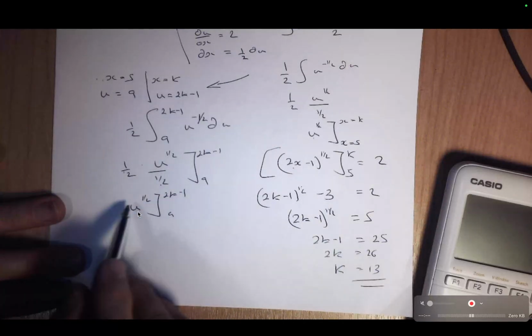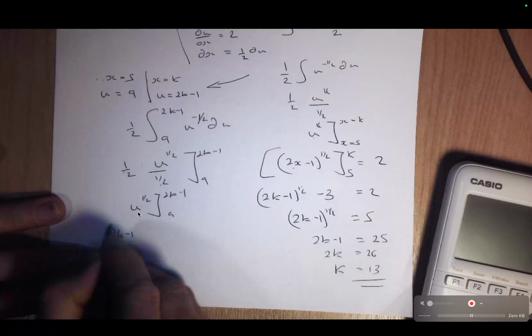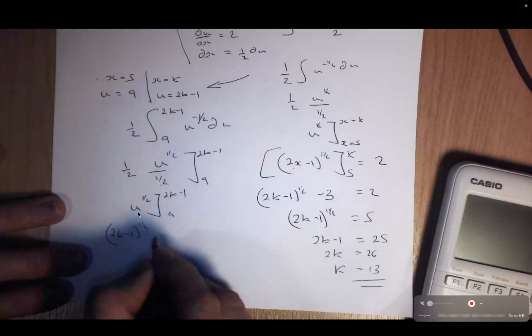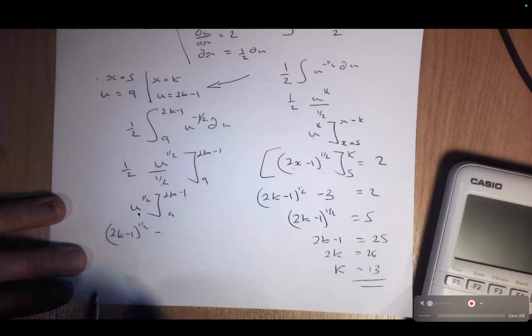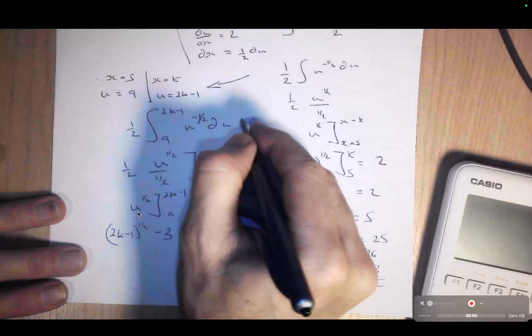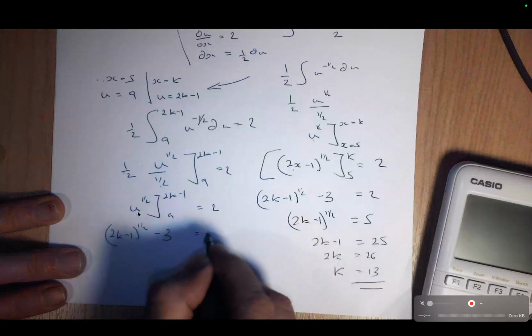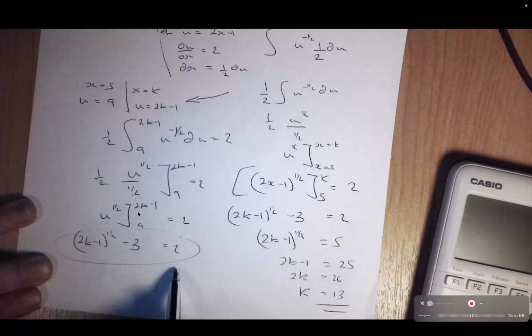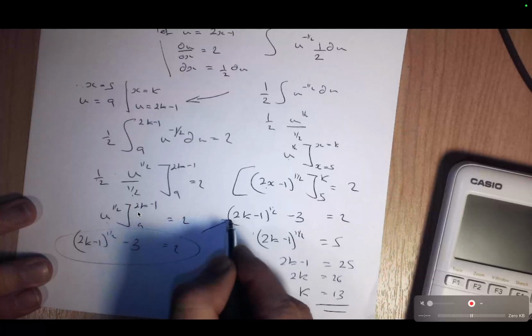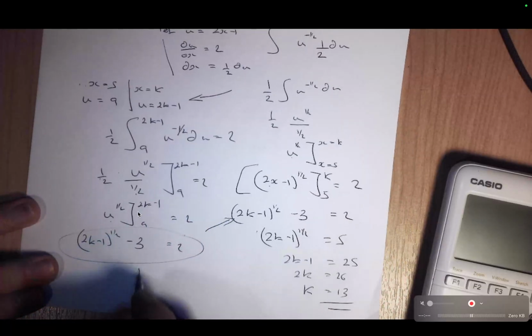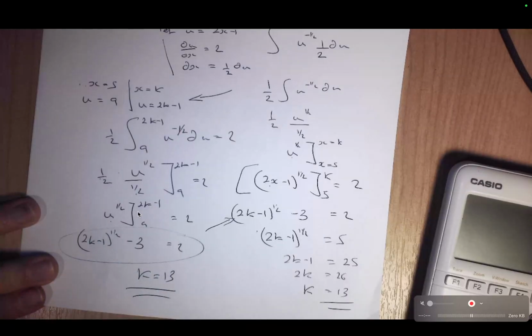Okay, plug in the numbers. That becomes (2k minus 1) to the power of a half minus 3. Oh, by the way, the whole thing here, as we said, is equal to 2. And as we can see, that is the same as that step there. So eventually out pops k equals 13.